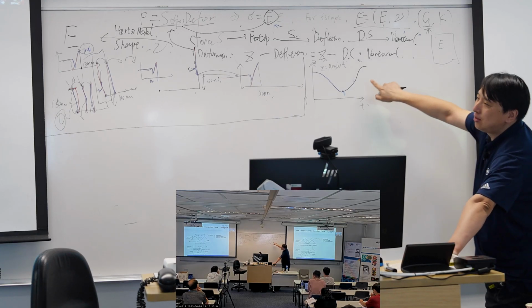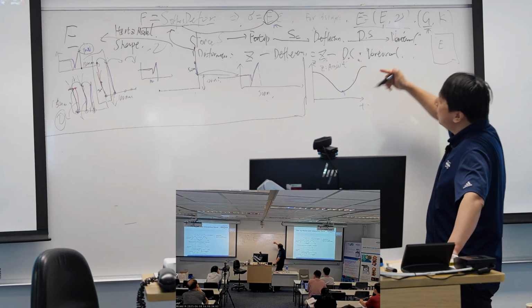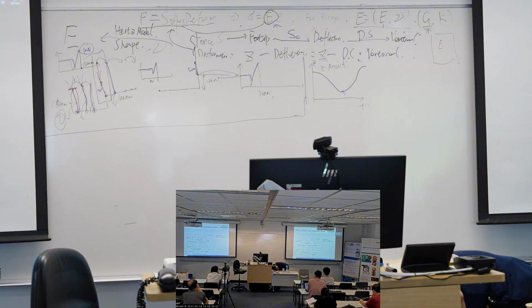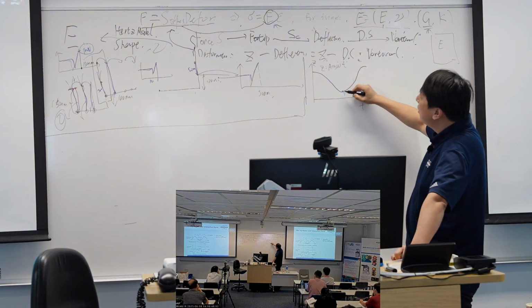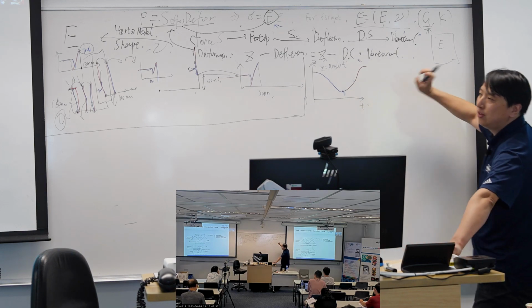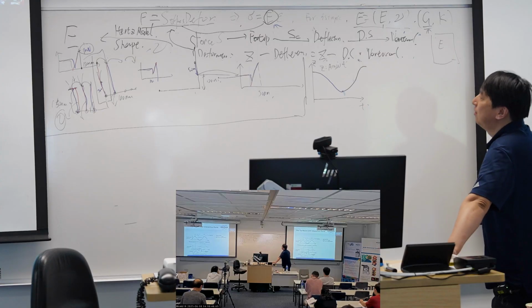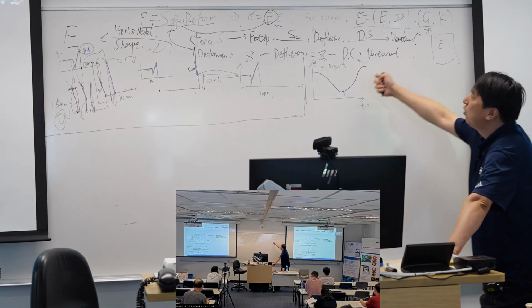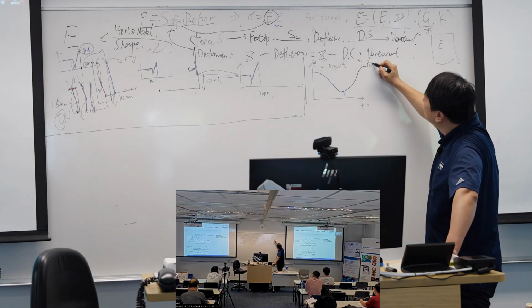We use sinusoidal movement, a sine wave. At the point where the probe touches the surface, the speed will reduce to 0, and then we don't worry about the inertia. So that's our idea for the so-called PeakForce.